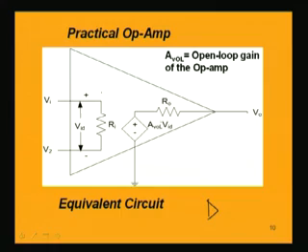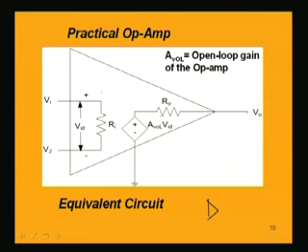Apart from this output voltage, there will be a resistance R naught, which is the output resistance of the op-amp, and that is not 0. It has a small value, maybe in the order of ohms, typically 75 ohm, but this is not 0 and Ri is not infinity. So, the practical op-amp circuit will be something like this.